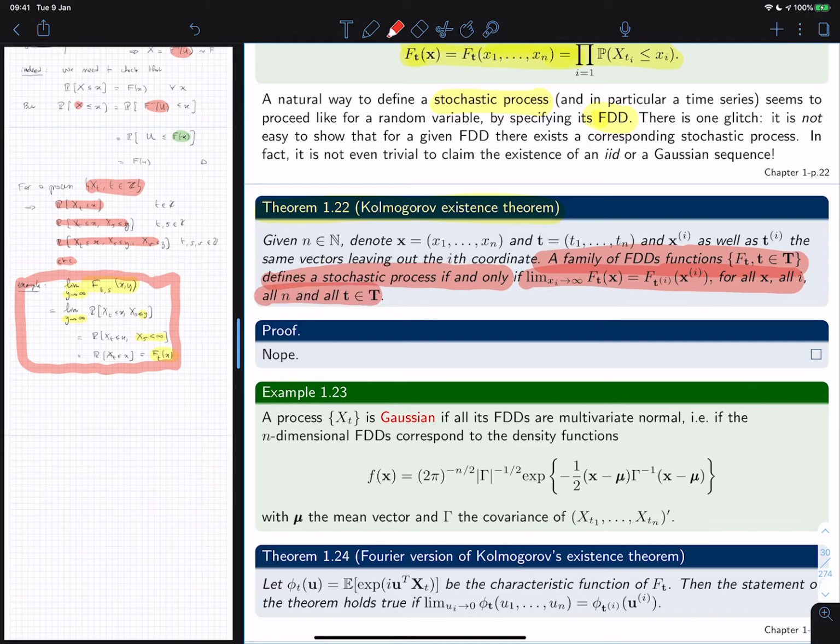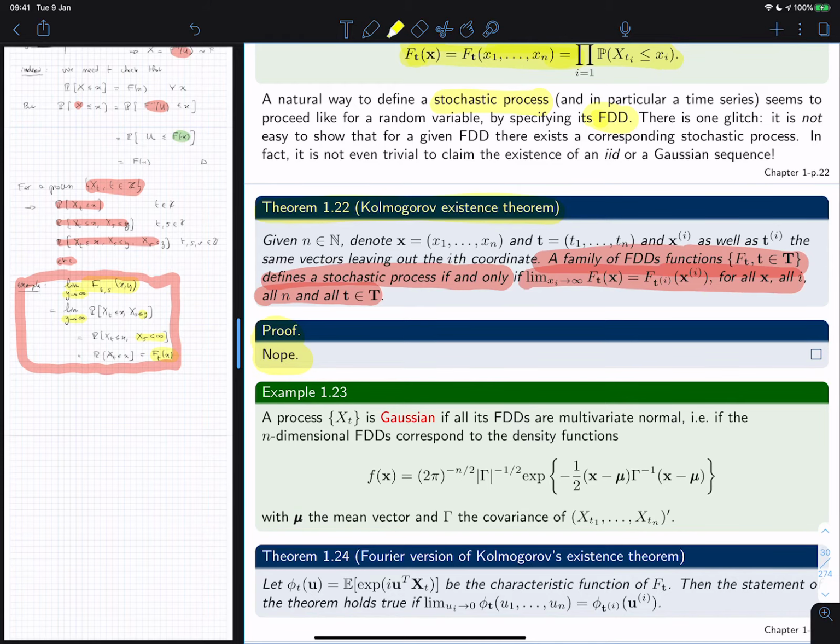If we have that condition, then we are guaranteed the existence of a stochastic process. I am obviously not going to do the proof of this result here. It's neither the time nor the place, and I think I never will do it in any class that I give.